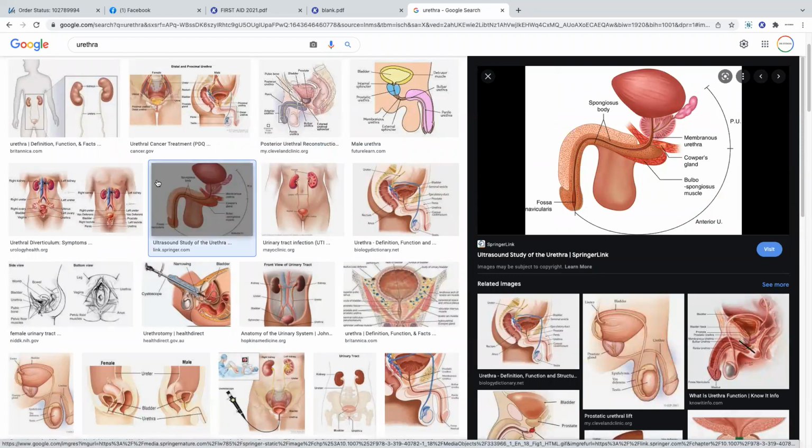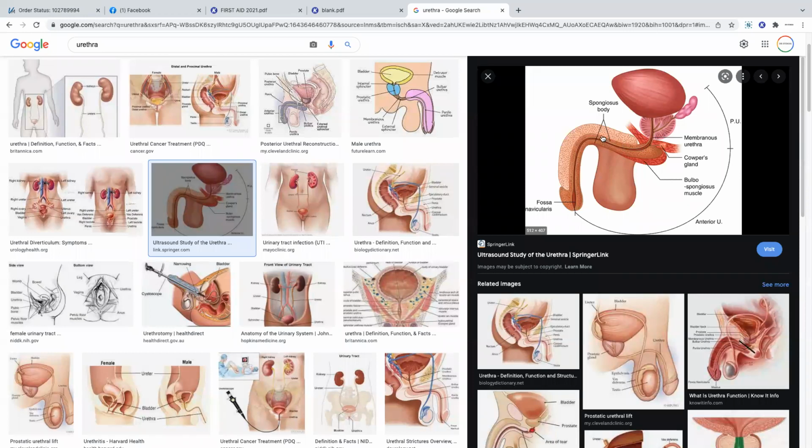Okay, good. So over here, I just want you to very quickly notice the urethra. As you can see, this is the urethra. The urethra that we usually have over here is called the membranous urethra. What are the other types of urethra that we can have? Another one is called the spongy urethra.